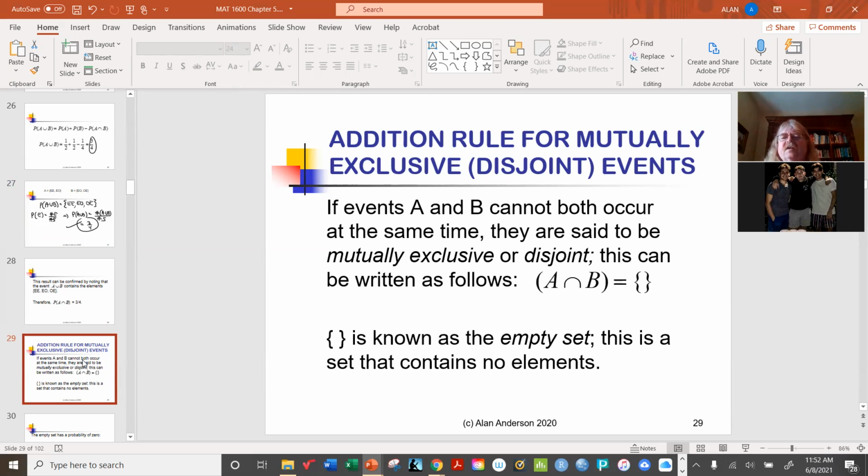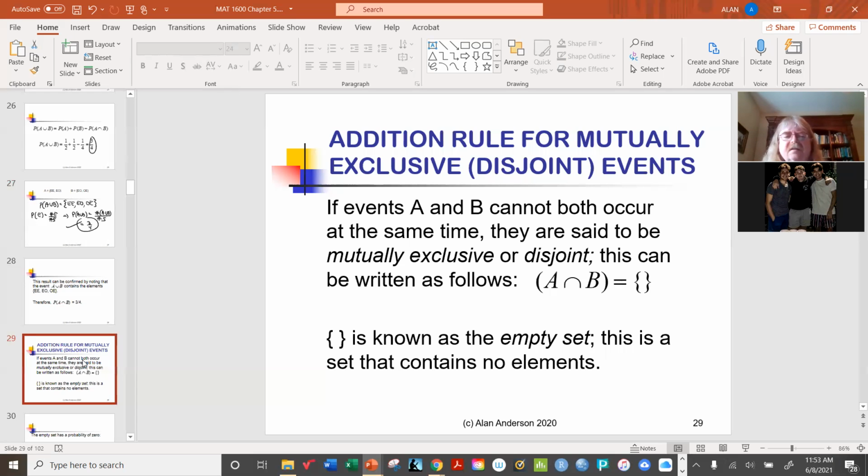First of all, let's remind ourselves, what does it mean for events to be mutually exclusive or disjoint? Well, it means a few things, but it means they have no elements in common. But it also means they cannot both be true at the same time. That means that their intersection is the empty set.